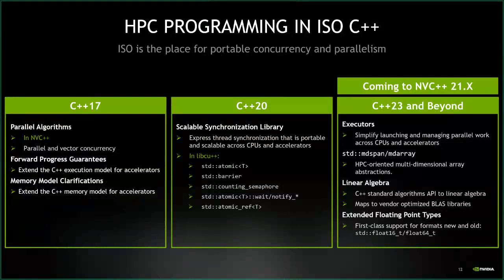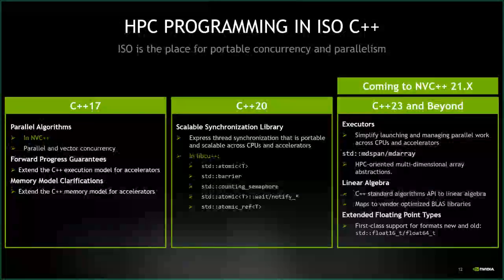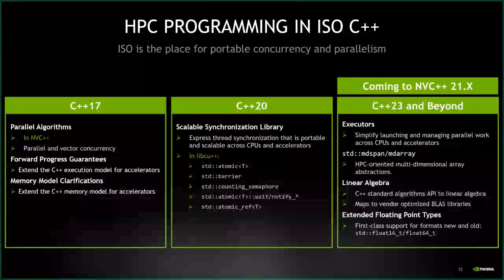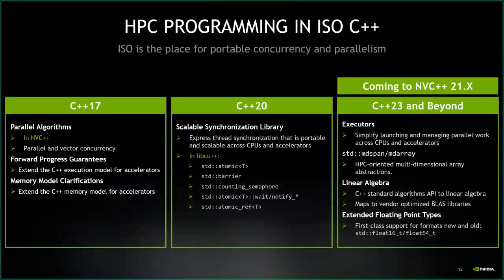These features are really, really exciting for accelerated computing. So executors, and I'll talk a little bit about executors and linear algebra on some slides that are coming next. But just to really quickly say, executors sort of standardize kernel launch and greatly enhance the flexibility of programming in ISO C++ on an accelerator and on a multi-core CPU.